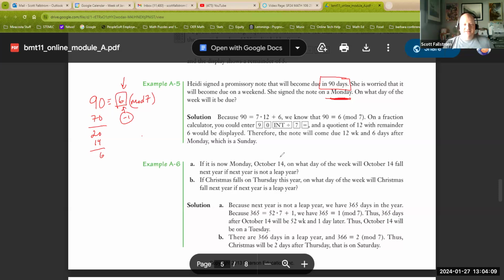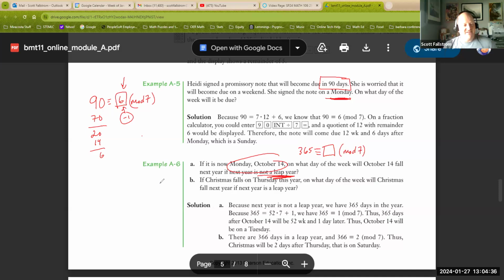Okay. Let's see here. It's Monday, October 14th. On what day of the week will October 14th fall if next year is not a leap year? This is one you could use if you want to find out what day of the week your birthday is on next year. So again, we have 365 days in a year, right? But we're doing days of the week, so we want to work mod 7. So we want to find it congruent to something mod 7.